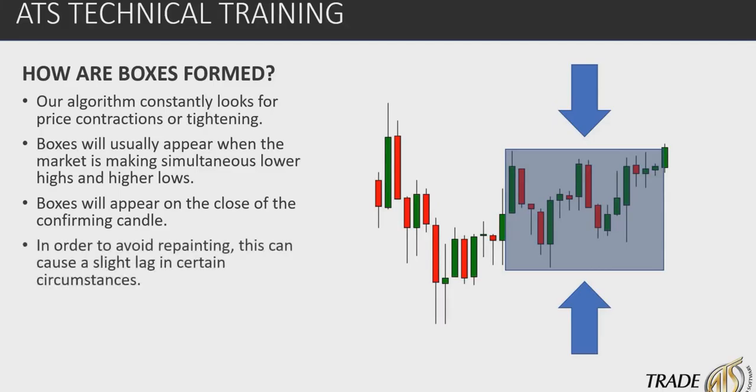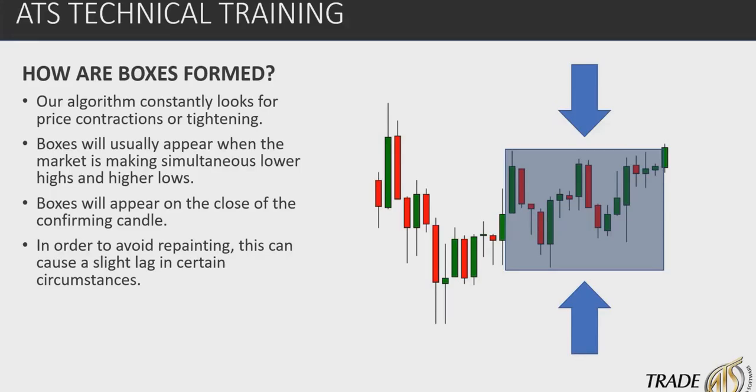The reason we had to do it this way is because we could make the boxes appear sooner, but that would also cause them to disappear if it didn't confirm, which would cause it to repaint. So to avoid any kind of repainting, we did have to go off the close of a candle on this specific function. I think that speaks for itself. We don't want to have anything that repaints. We want it to be what it was, so when you do your back testing, you can see an accurate representation of what happened.